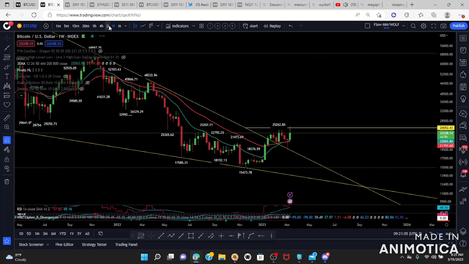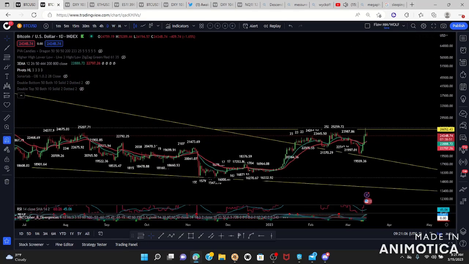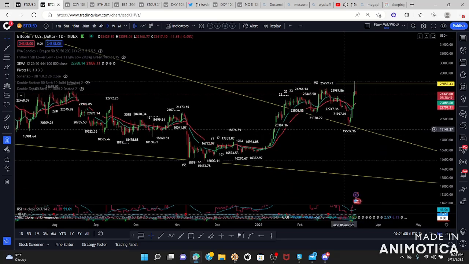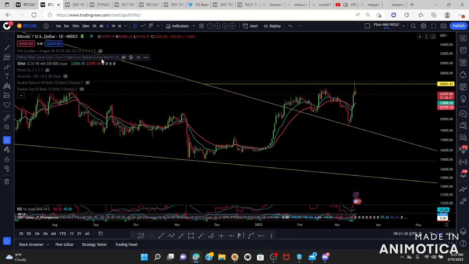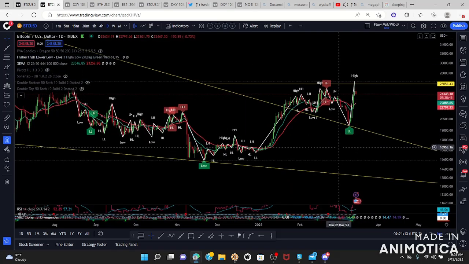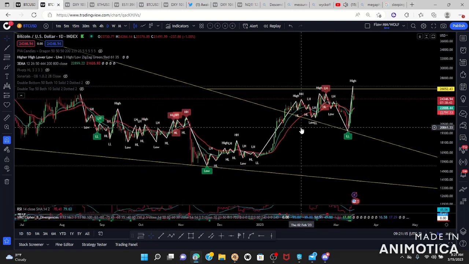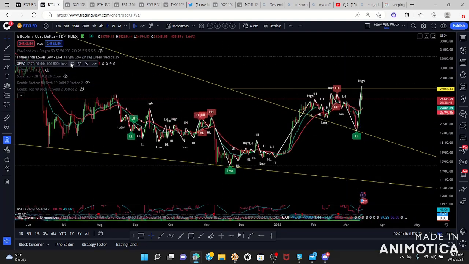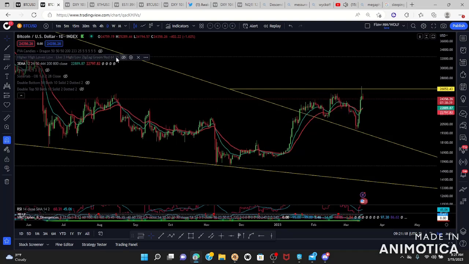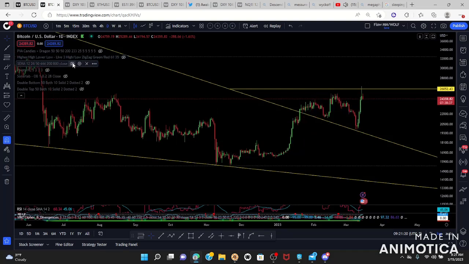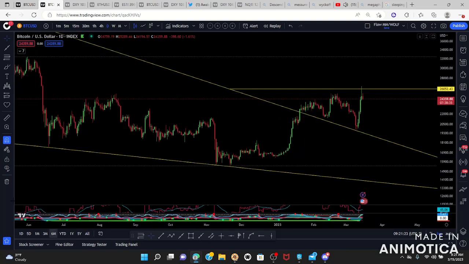Okay, let's go into the daily here. Within the daily, I am going to turn on my higher high, lower low indicator and just focus on our contraction area. Just really briefly want to remind you about market structure, how it is a cycle that repeats, right?